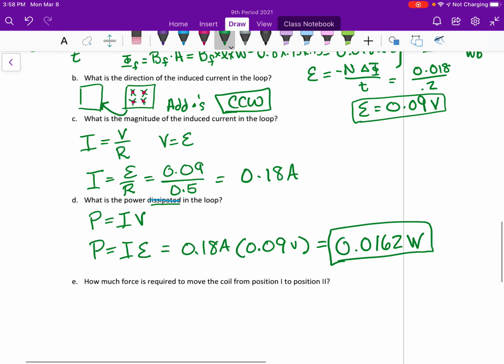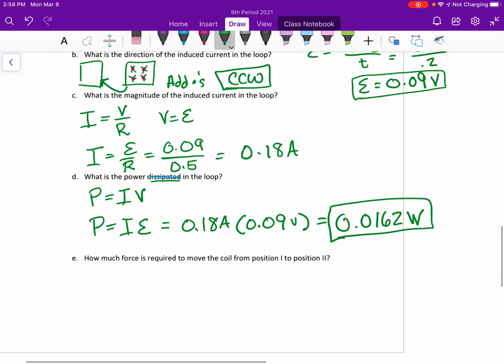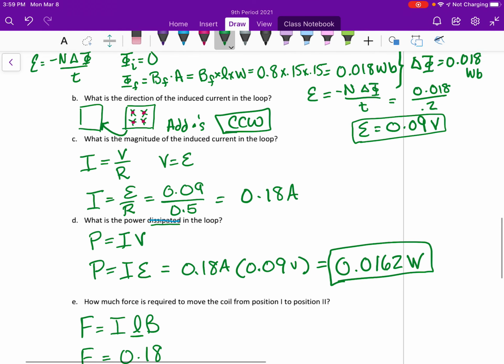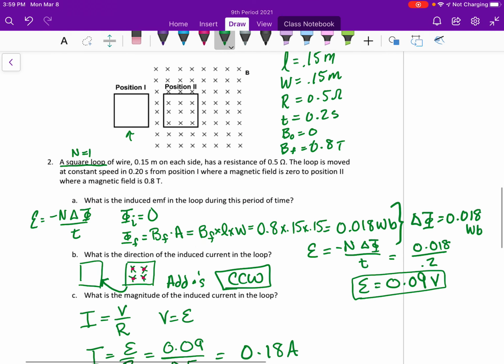And last part. How much force is required to move the coil from position 1 to position 2? The equation that we can use for this is F equals I L B, and this is one from last chapter. So the force is going to equal the current, which is 0.18, and then L is the length of the rod, or the length of the piece that's going into the magnetic field.